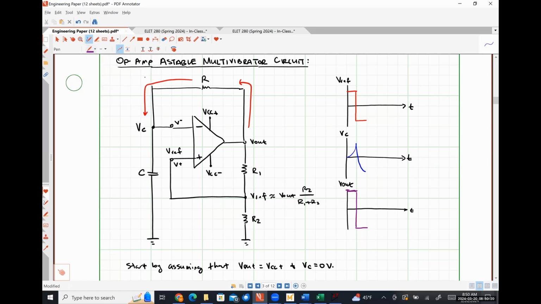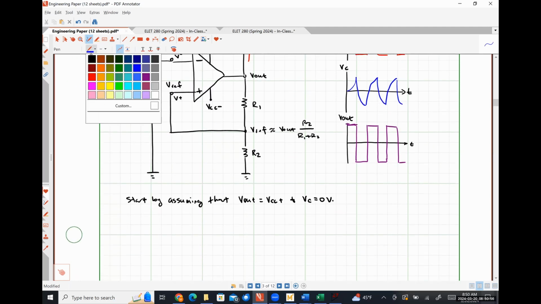So it would look something like this. We'll see this in LTSpice in just a moment.